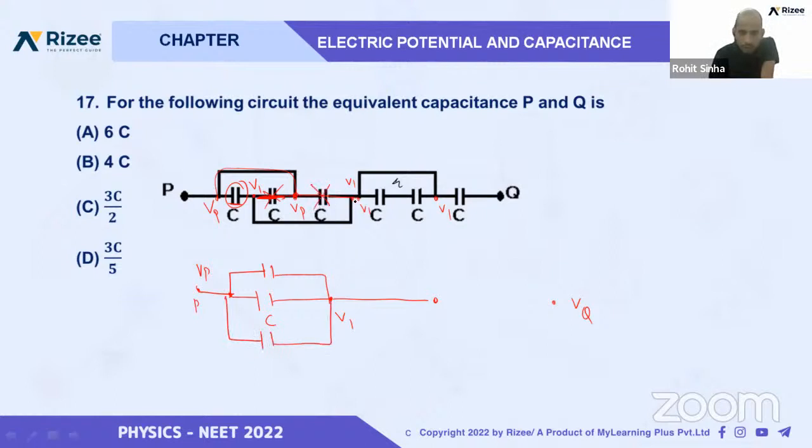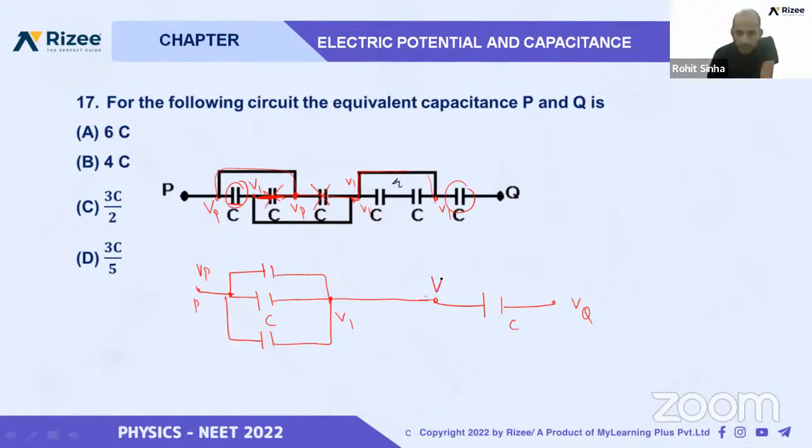Now V1 to VQ, there is one capacitance. V1 to VQ, there is one capacitance.